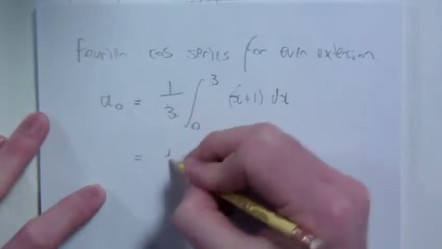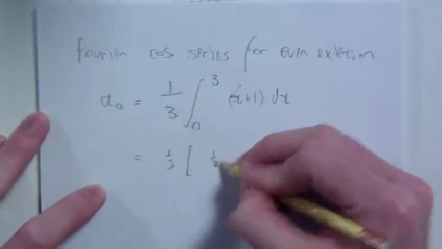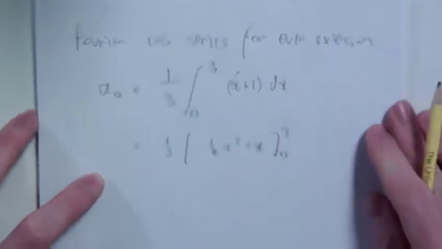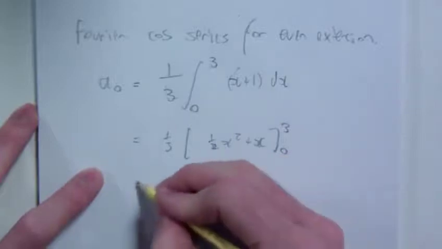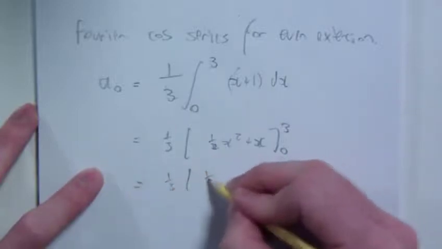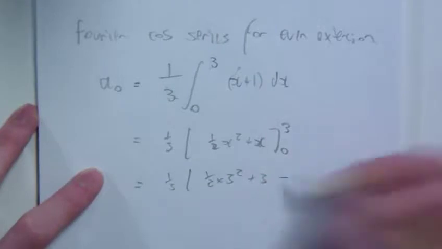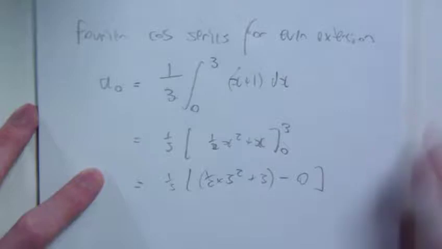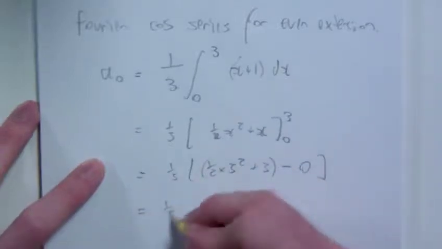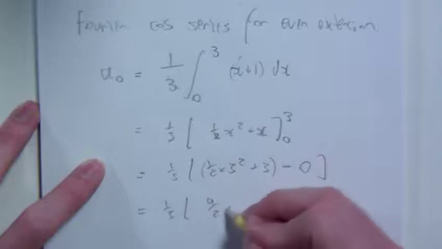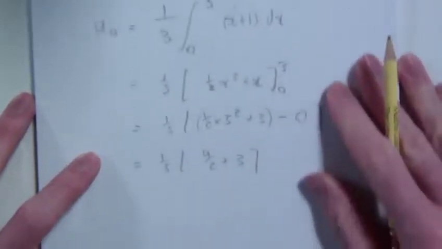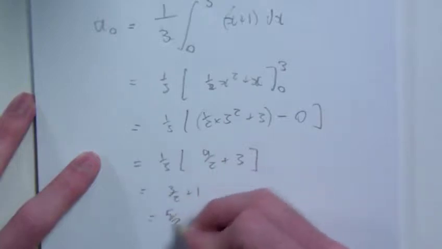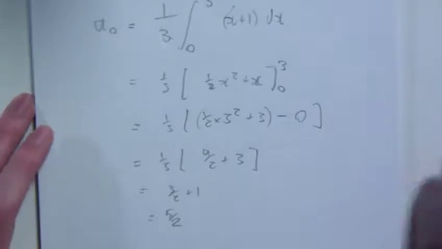And so I'll get a third of a half of x squared plus x from 0 to 3. And the nice thing about that is that when I sub in 0, I will get 0. So that comes out to 3 on 2 plus 1, which is 5 on 2. So that's my A0 this time.